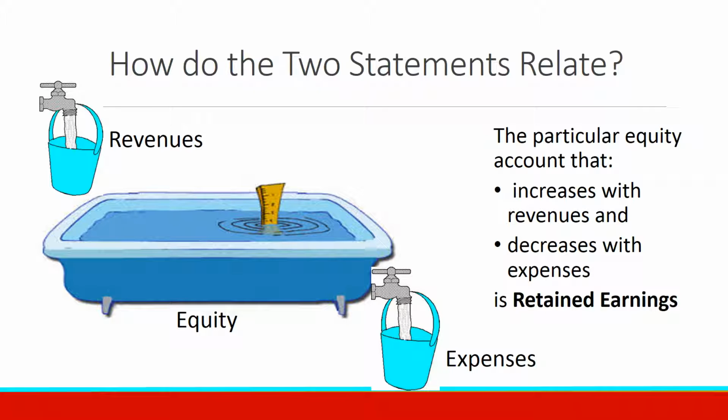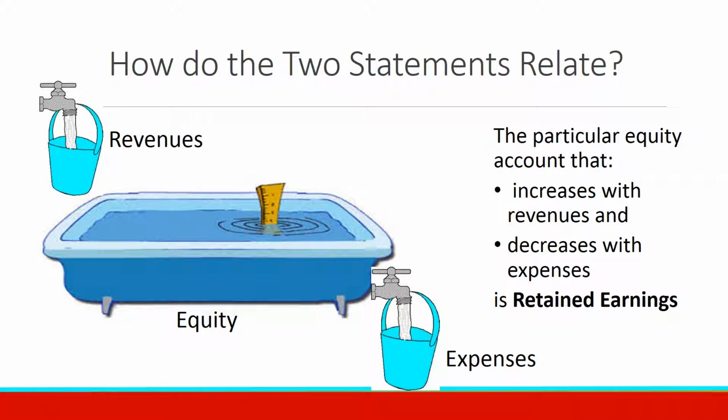So we looked at the balance sheet in the last video, and now we're looking at the income statement. And the question might be, how do these two statements relate? The balance sheet is a schedule of quantities. And one of the quantities that's there is the equity, the amount of resources that the owners have given the firm.